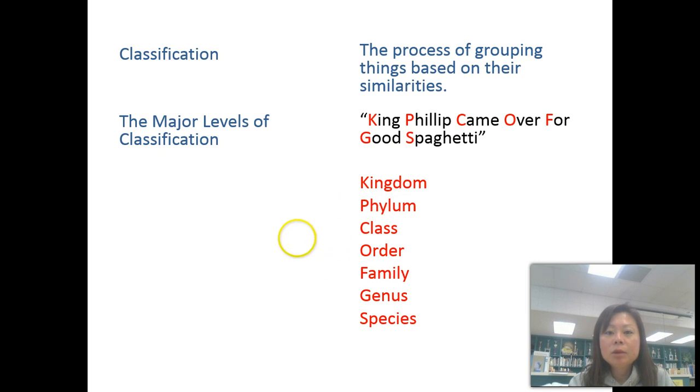Remember there's a D, domain, up here. So: Dopey King Philip came over for great spaghetti, or grape soda. Okay? And as you get down lower and lower, it gets more and more specific. And the more levels they share, the more they have in common.